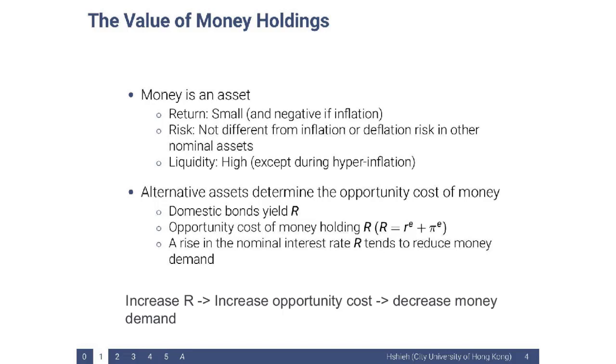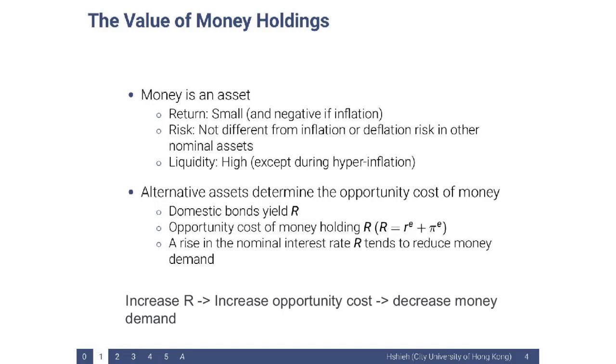That will obviously become more attractive if the interest rate increases, if you're planning on holding on to cash to do something with it. And as a result, that's going to decrease money demand. Right? So this is ultimately the key mechanism by which central banks control interest rates and also money demand.